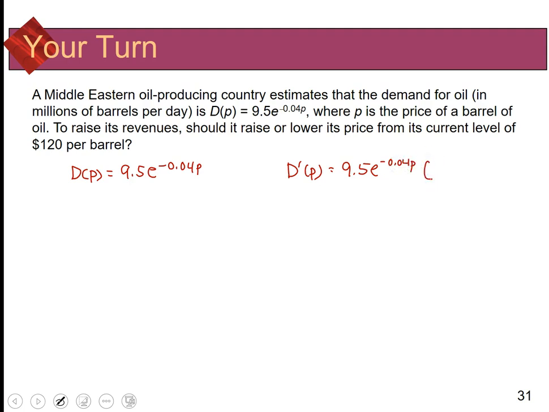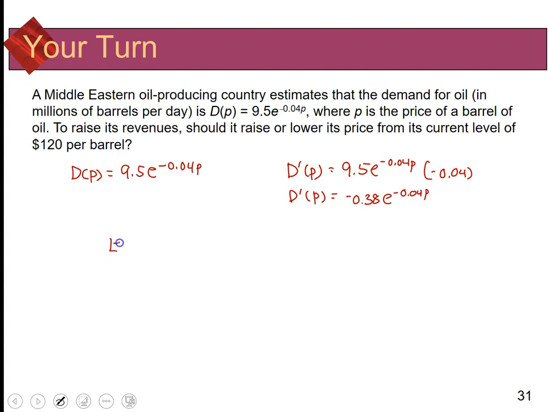Times the derivative of the exponent, which would just be negative 0.04. So D prime of P is going to equal negative 0.38 E to the negative 0.04 P power.